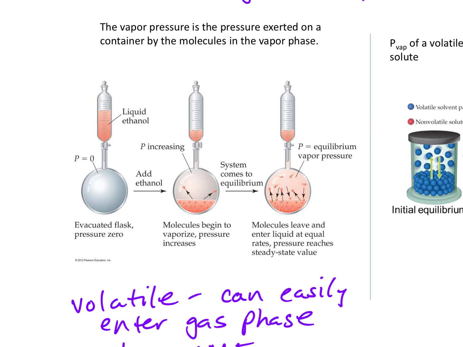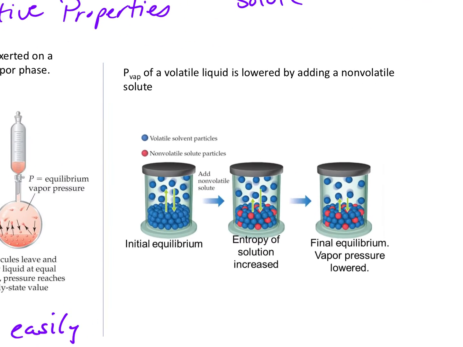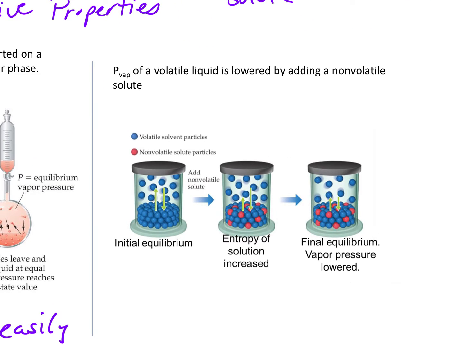Again, all of these molecules are exerting pressure on that flask, and so we have a reading for our vapor pressure. But what happens if we add a solute to a solvent?